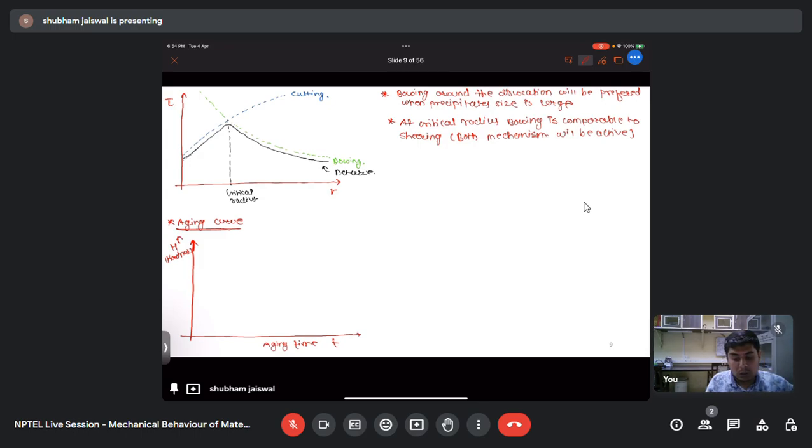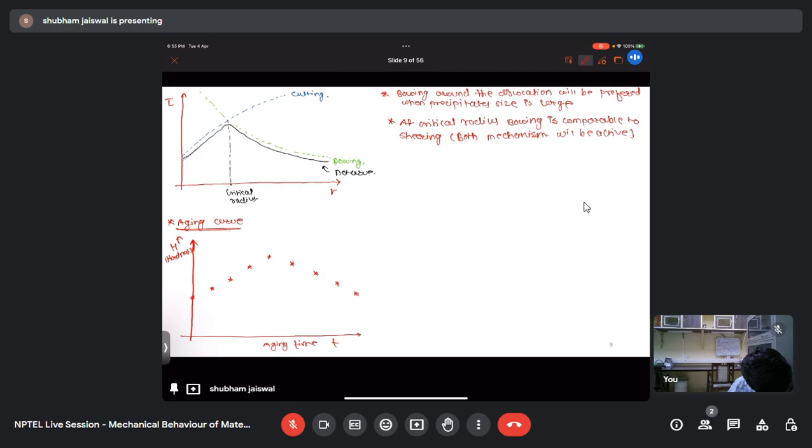As the aging time passes, the hardness increases first. Then it starts to decrease as the precipitates are becoming bigger and bigger.